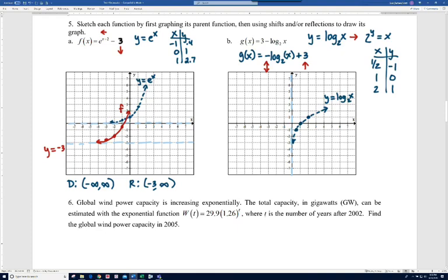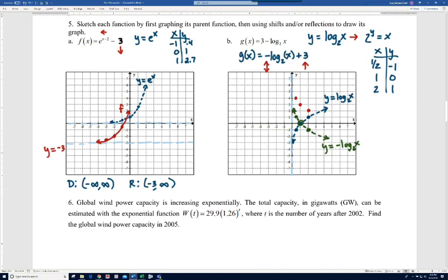And so let's go ahead and reflect these 3 points through the x-axis. And in fact, the graph's going to look like that. This is the graph of y equals minus log base 2 of x. So again, we're almost there, not quite there. We need to move each of the 3 points up 3. And so I'll go ahead and do that.